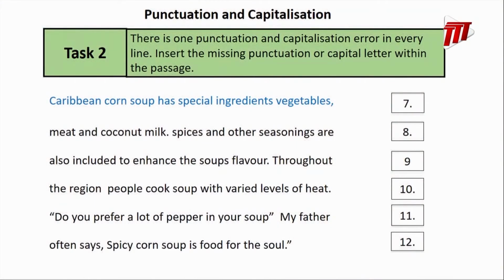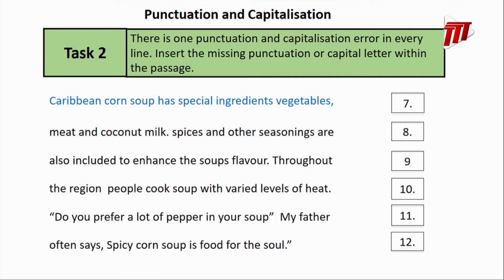So let's look at the first line. Caribbean corn soup has special ingredients: vegetables, meat, and coconut milk. So I'm reading on to better understand the sentence. Notice we had to pause after ingredients. Have you figured out what's missing there? Yes.